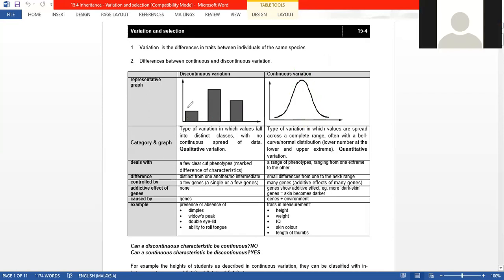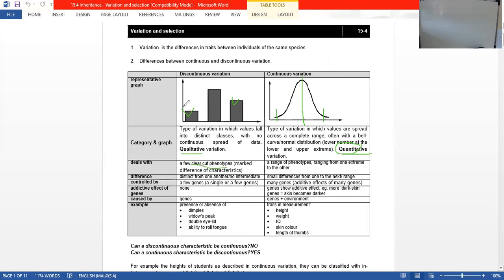Categories and type. This category is for quality, like have horn, no horn, the quality. This one is the quantity: 1.5, 2.0, 1.75. These are quantity values. Discontinuous variation deals with clear-cut phenotypes.